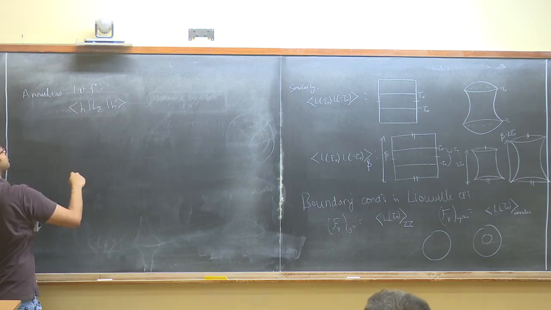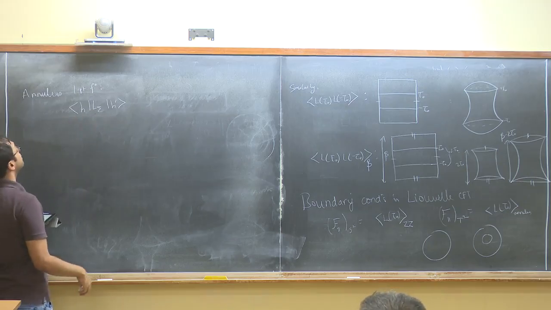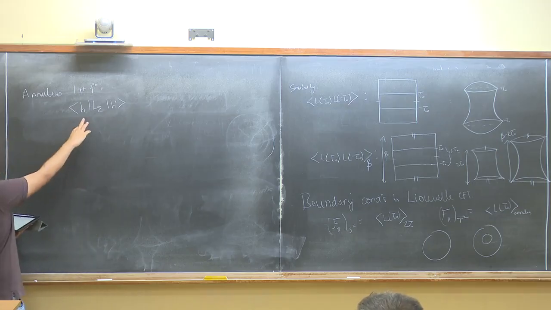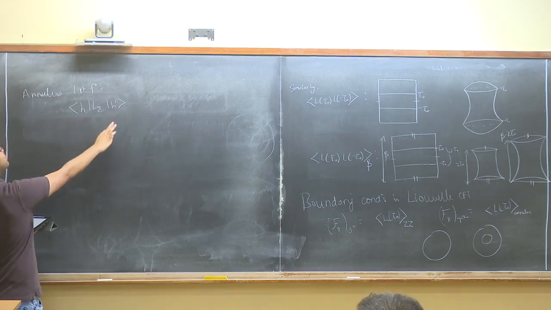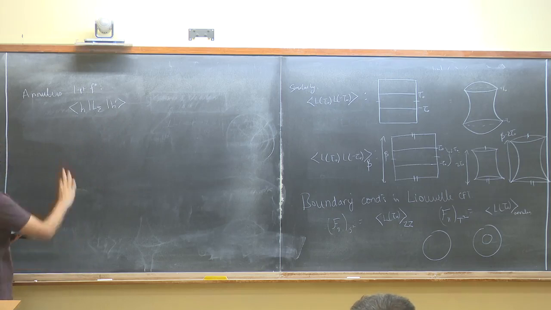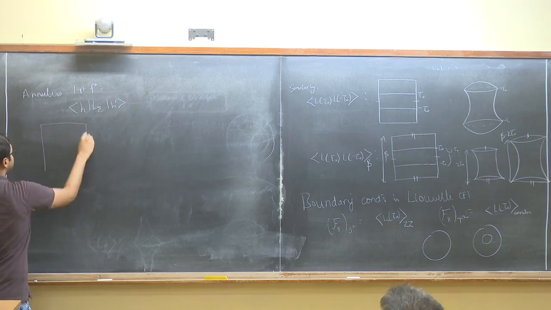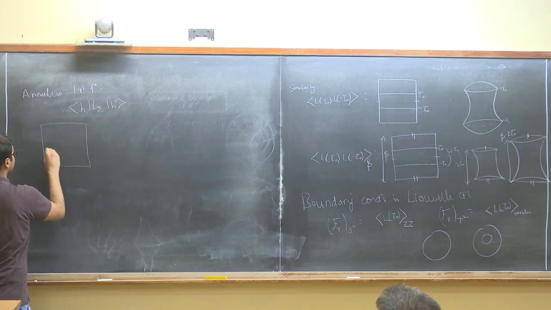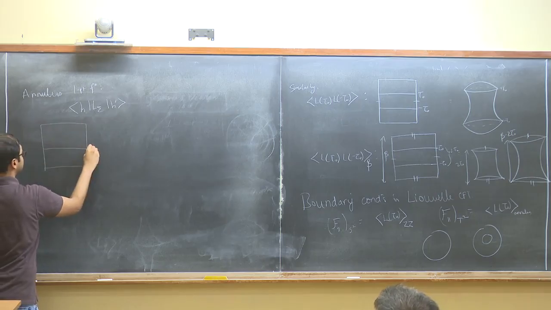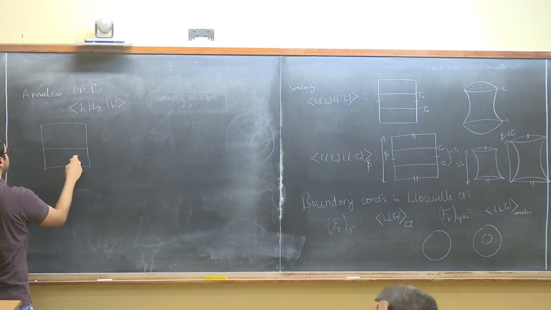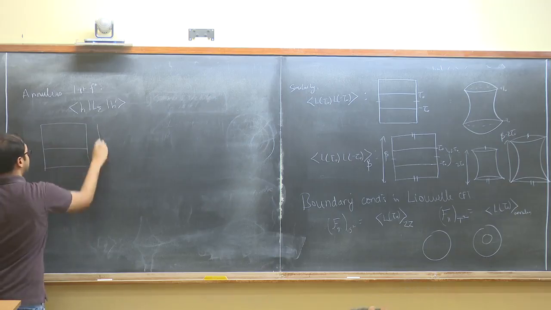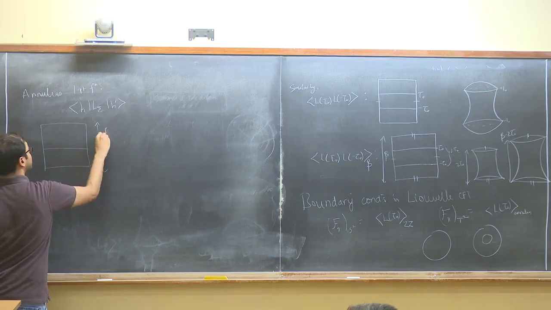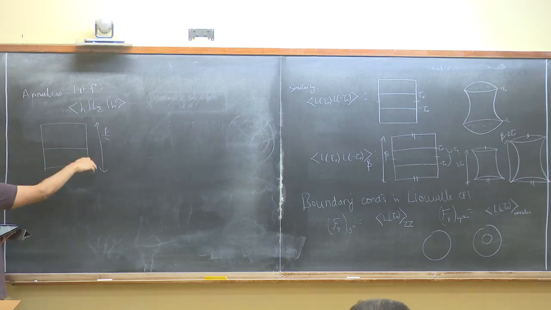That will be the key result. So what we want to do is extract this matrix element by computing the Liouville correlator on the annulus. As a path integral, what we want to compute is this: the line defect inserted on an annulus of length beta over 2. I am working in the conformal frame where the annulus is mapped to a finite cylinder.